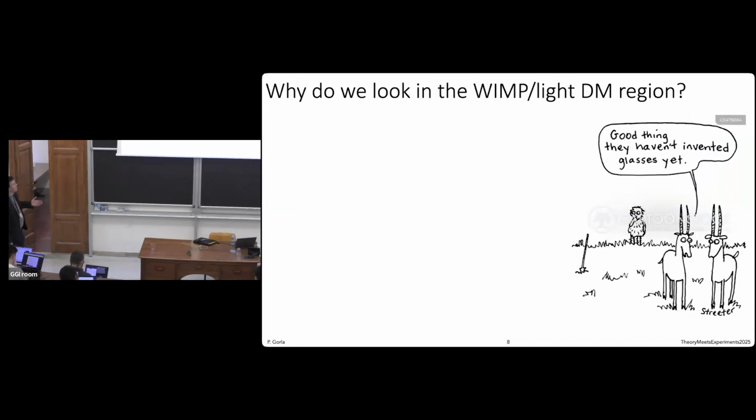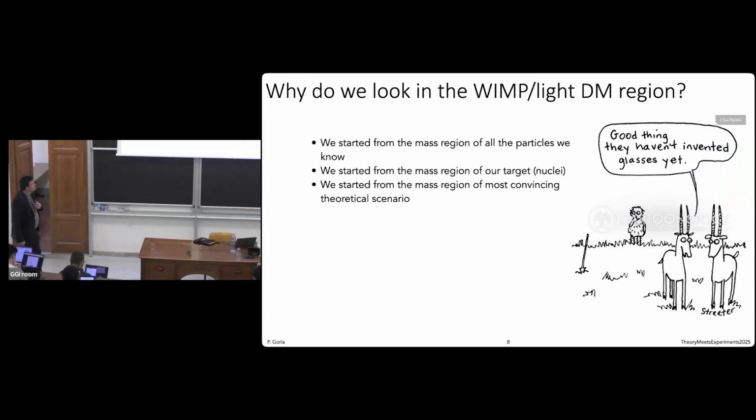So one question is, why do we look in the WIMP region? It's as if we are almost blind and just throw our arrow somewhere, hoping to get something without really seeing. It's not really this way. We started from the mass region of all the particles we know.